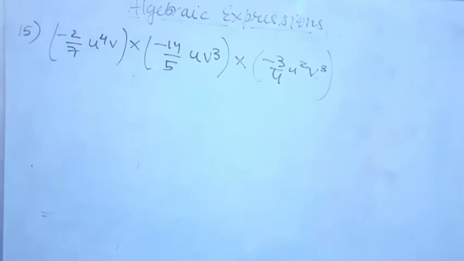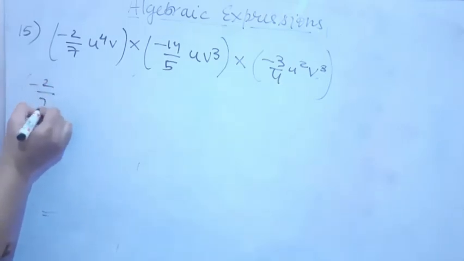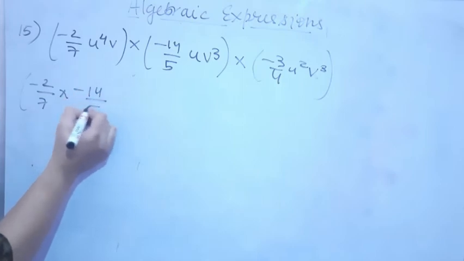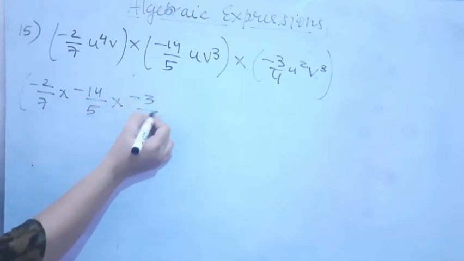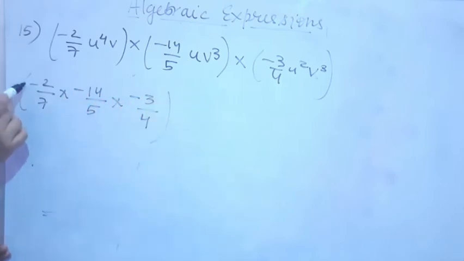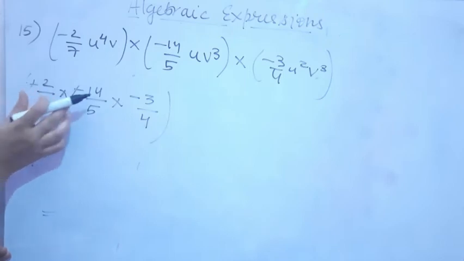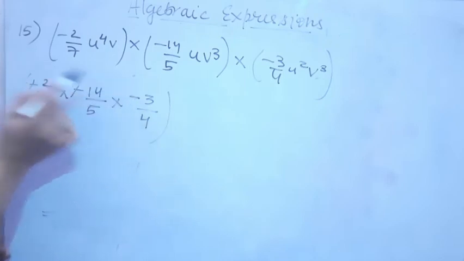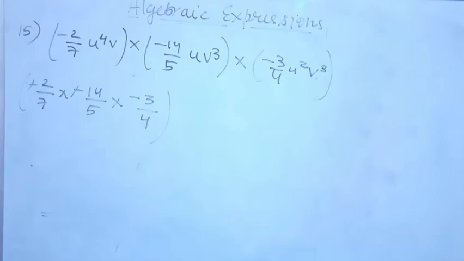So students, the first step is to multiply all the coefficients together: minus 2 by 7 multiplied by minus 14 upon 5 multiplied by minus 3 upon 4. Two negatives cancelled, it became positive, but there is one more negative remaining, so the final answer will be negative.